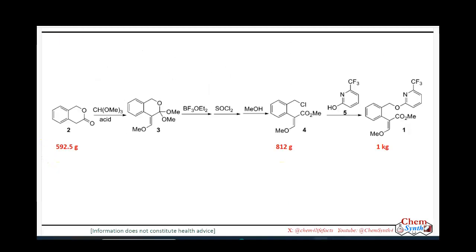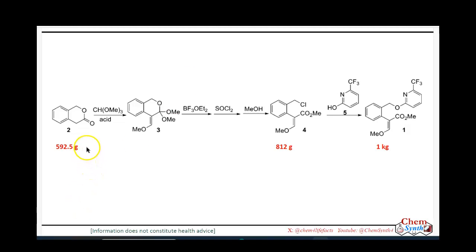So here is the overall synthetic route. In the next few slides I will be discussing each step of these reactions in more detail.